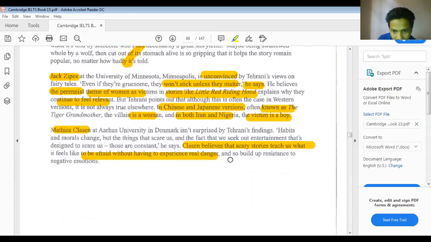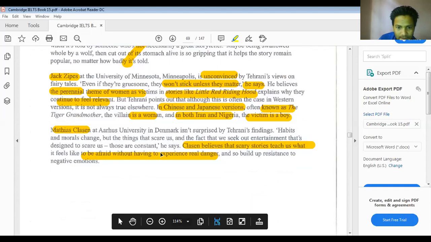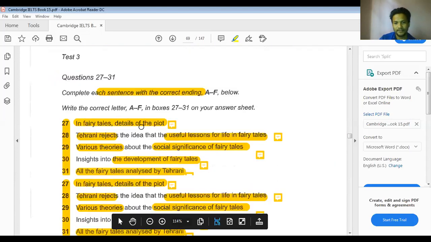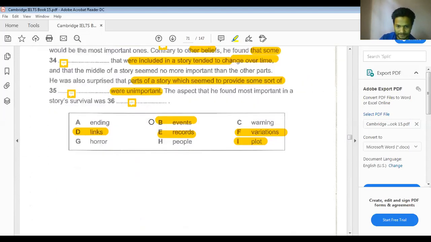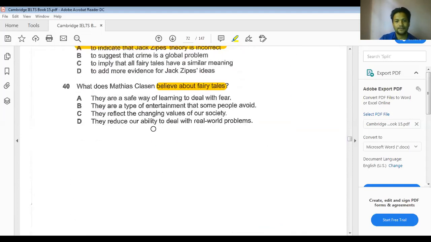Killian believes that scary tales teach us what it feels like to be afraid without having to experience real danger. And then the answer is here, the first one. They are a safe way of learning to deal with fear. Okay, so the answer is A. We have done the test.